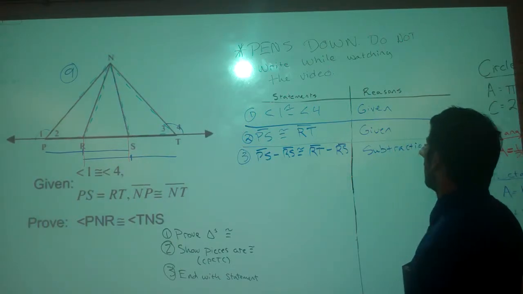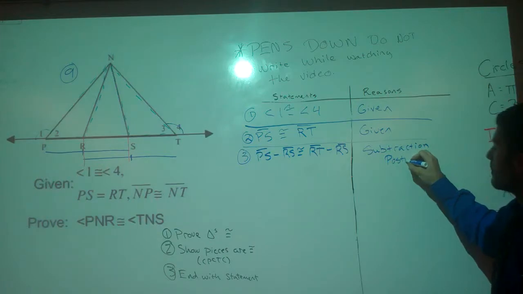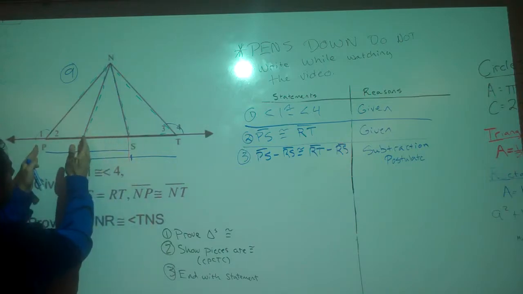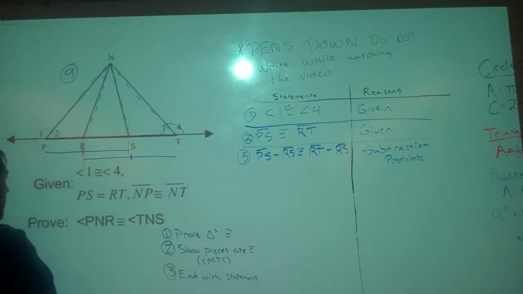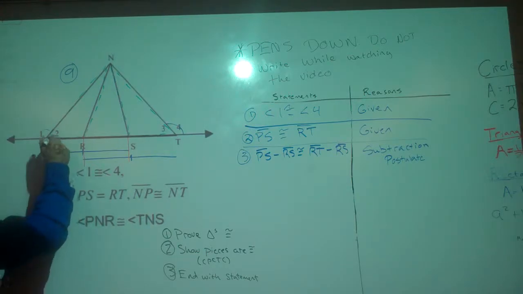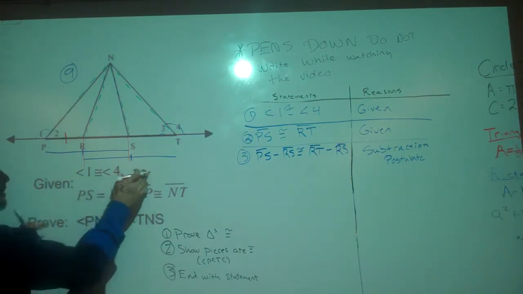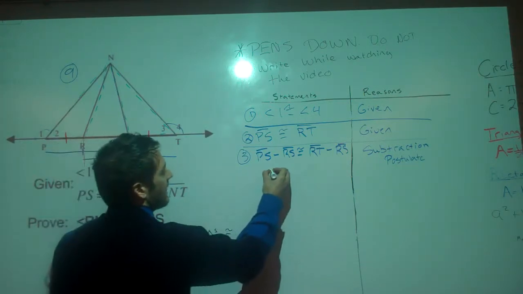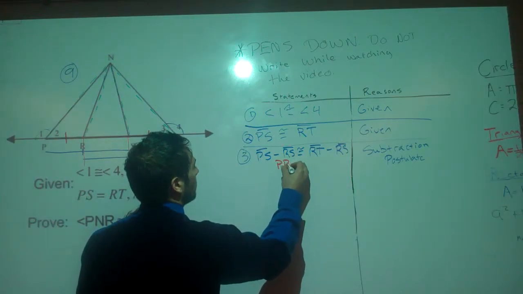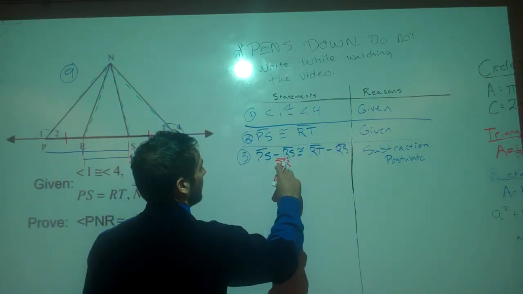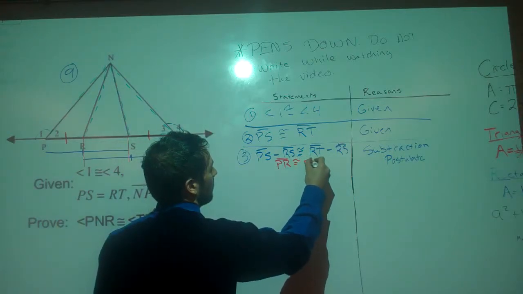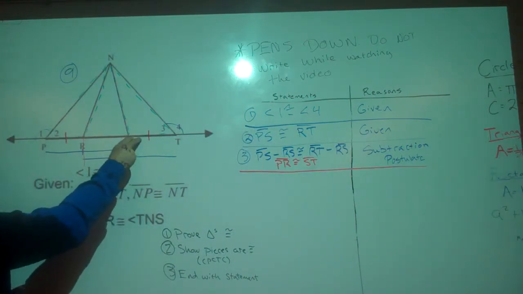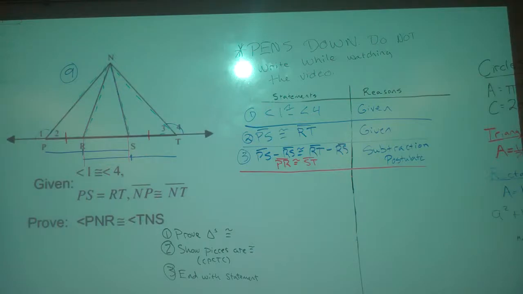Once I have taken away that segment, PS take away RS is PR, and RT take away RS is ST, so I can say that PR is the same as ST. And that is much better for us because those two sides are actually part of the green triangle.